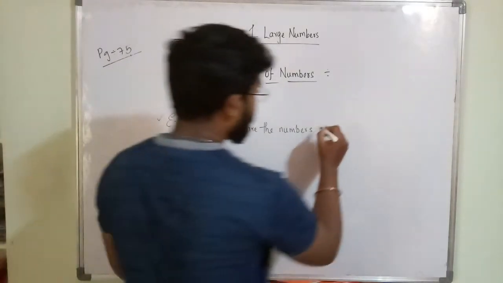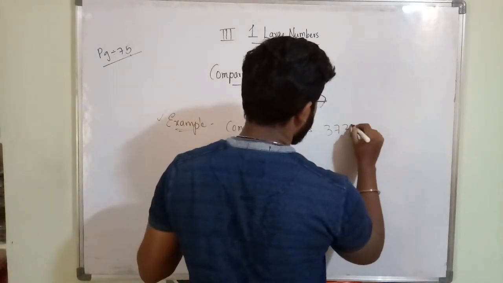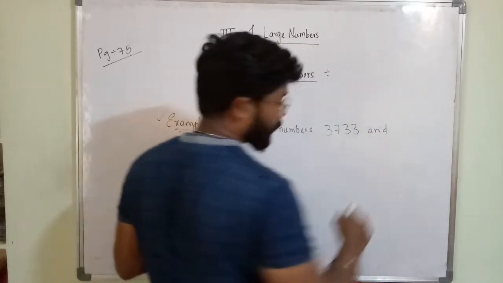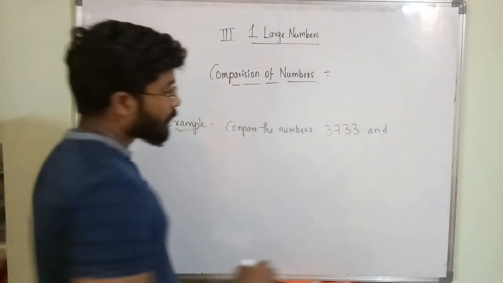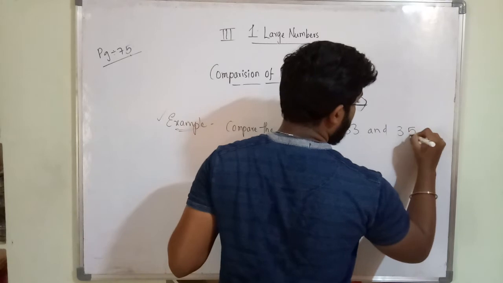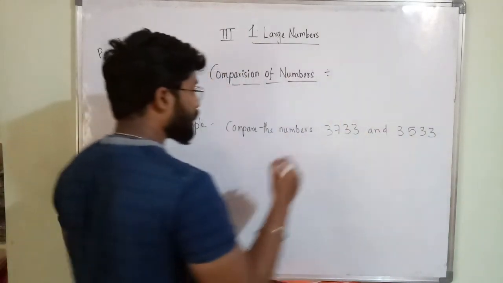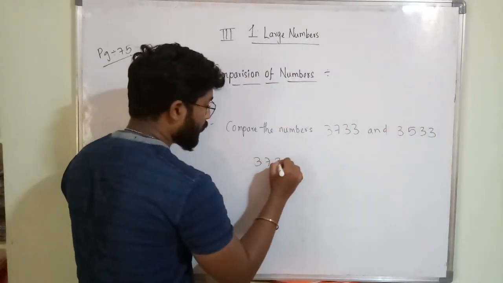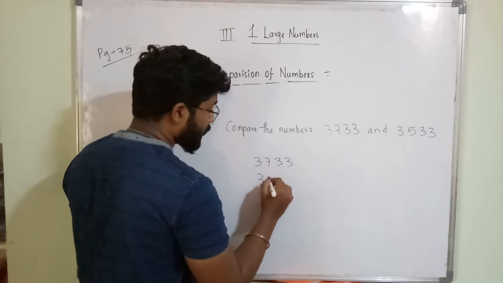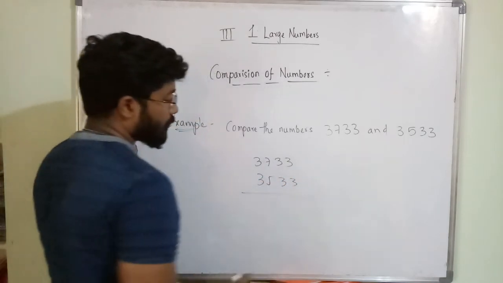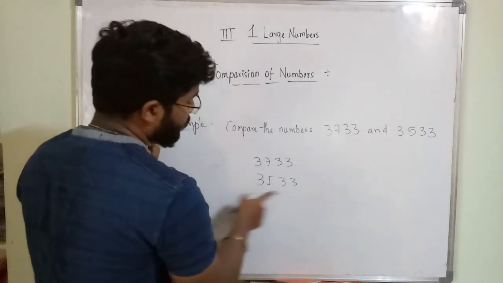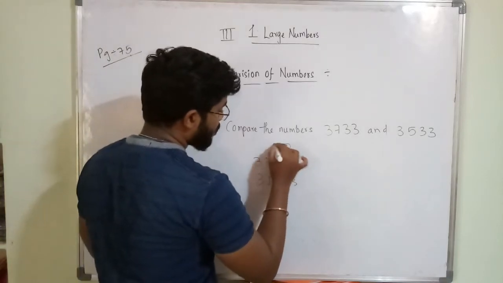3733 and the next one is 3533. So let us compare both these numbers, 3733 and 3533. This is ones, tens, hundreds, thousands.